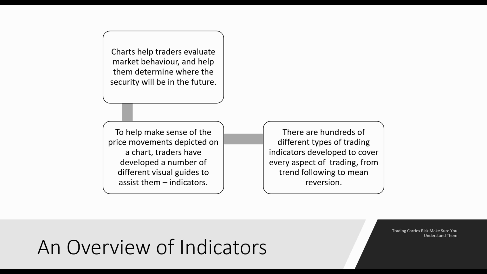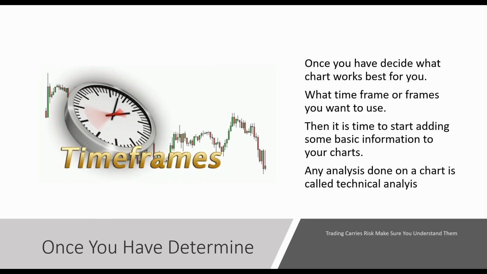To make sense of the price movement depicted on a chart, traders have developed a number of different visual guides to assist them, which in most cases are known as technical indicators. There are hundreds of different types of trading indicators developed to cover every aspect of trading, from trends to following a mean reversion.